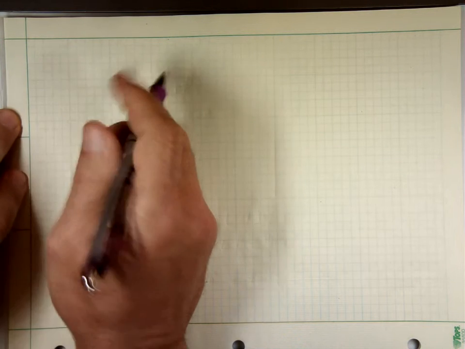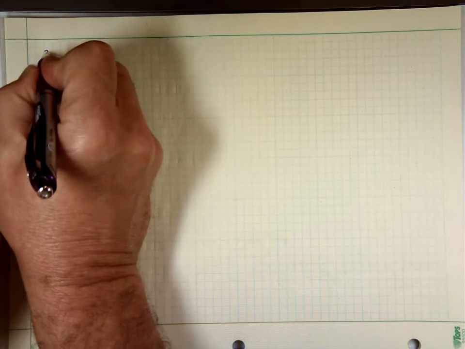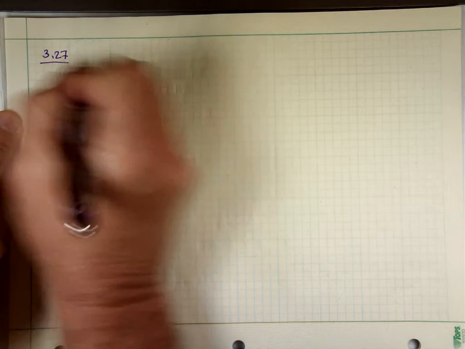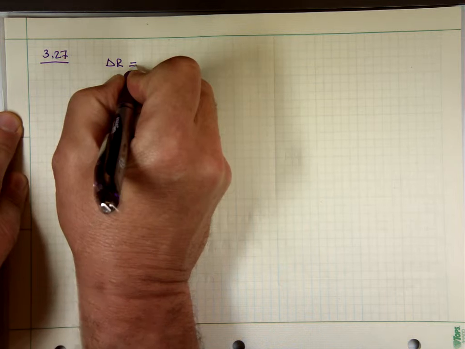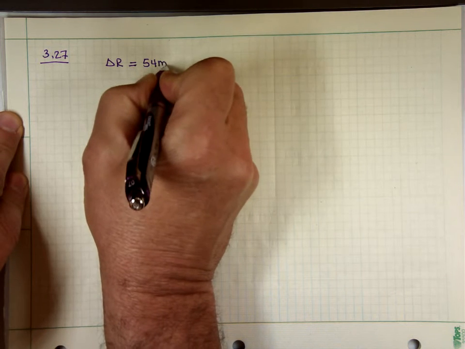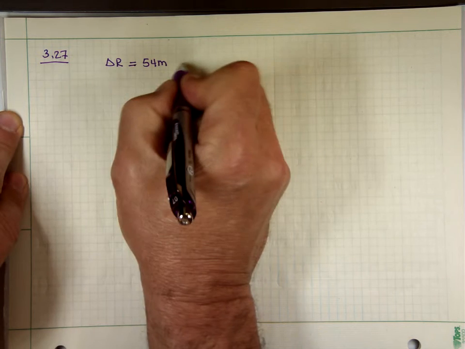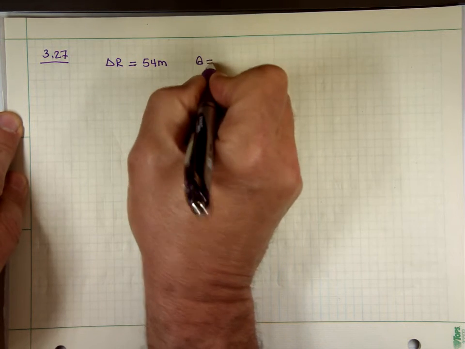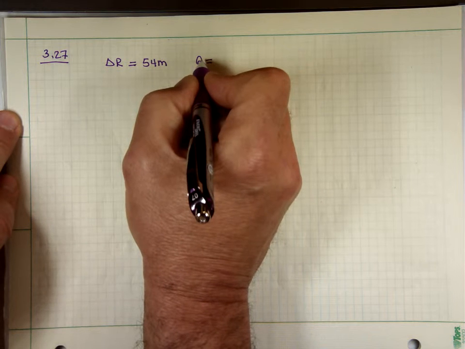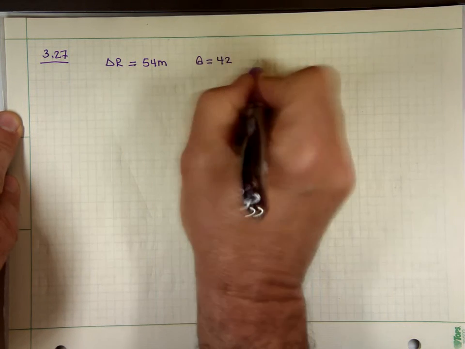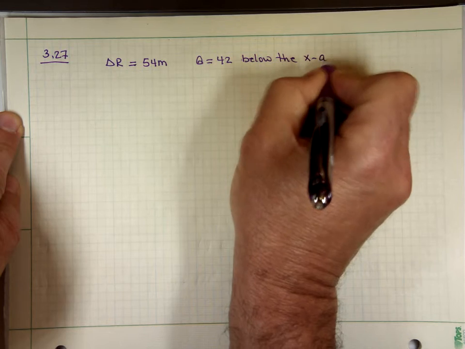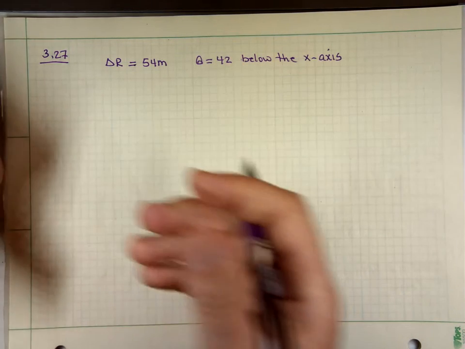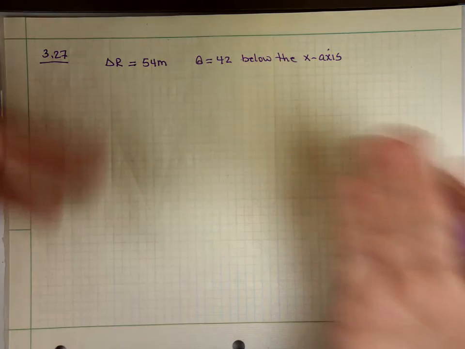It says the change in r, the result, is 54 meters, direction 42 below the x-axis. And they're asking to give the value for R, the x and y components, basically.